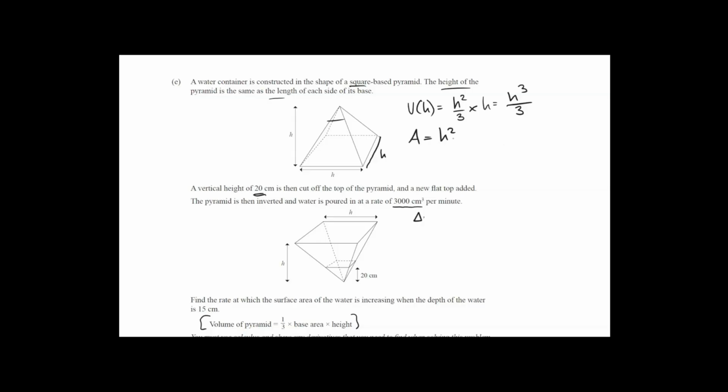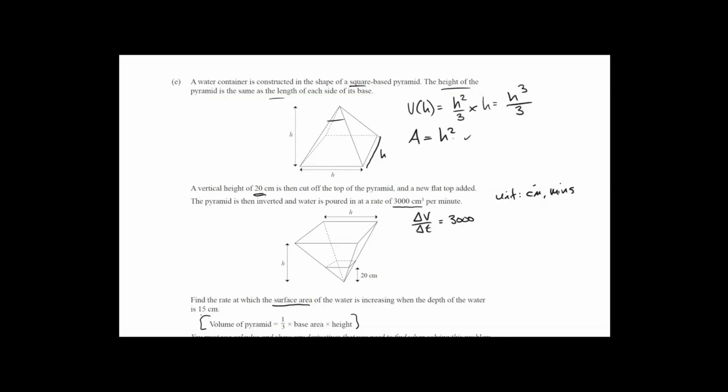We've got here the change in the volume with respect to time is 3,000, and the unit is centimeters cubed per minute. Okay, so it's inverted. They cut it off, then they take it upside down, and then they want you to find the rate at which the surface area, which is the one we're going to need to solve for, is increasing.